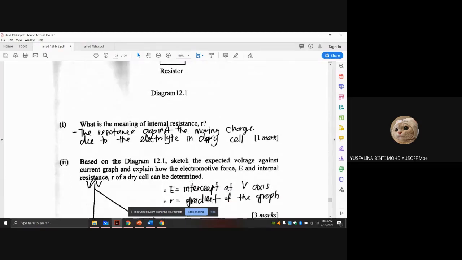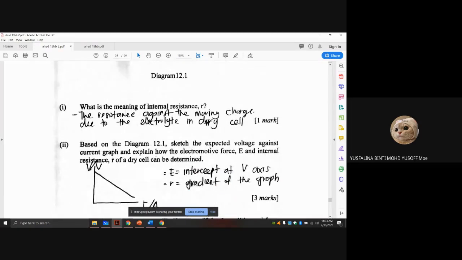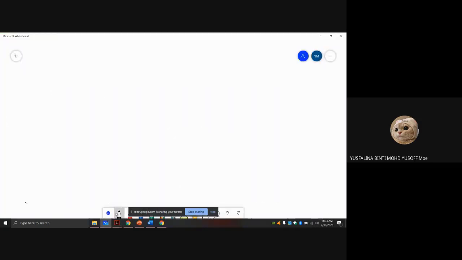For number 2, based on diagram 12.1, sketch the expected voltage against current graph and explain how the electromotive force E and the internal resistance R of a dry cell can be determined. This is different between the graph of Ohm's law, right? For Ohm's law, the graph is directly proportional.